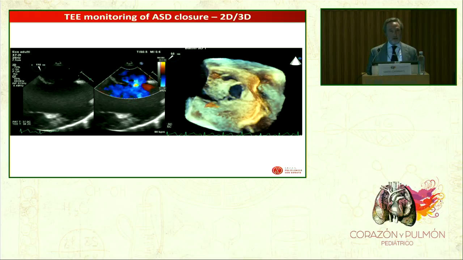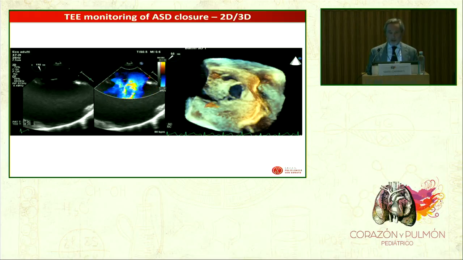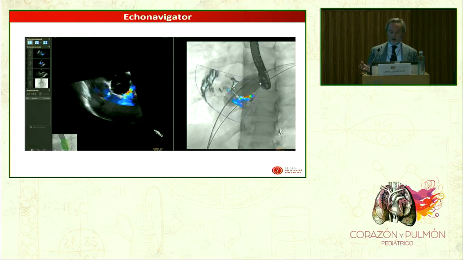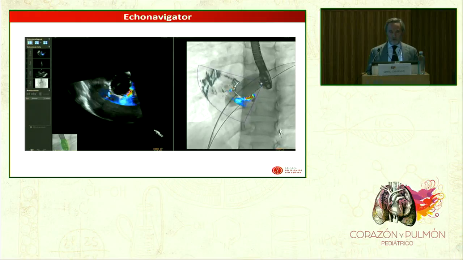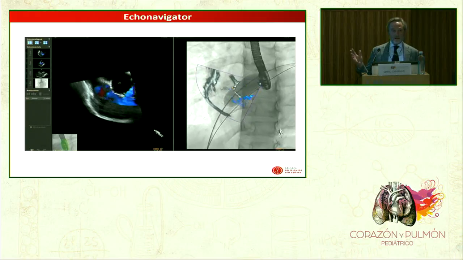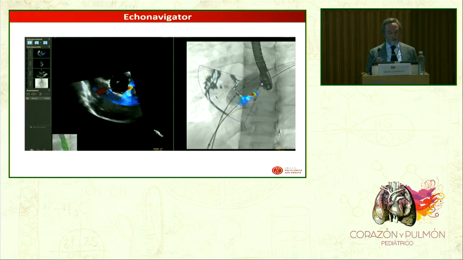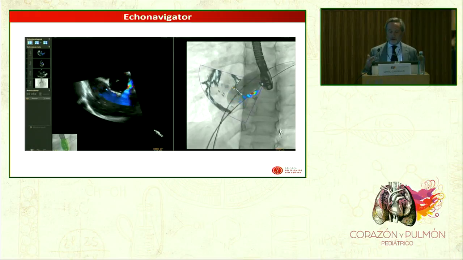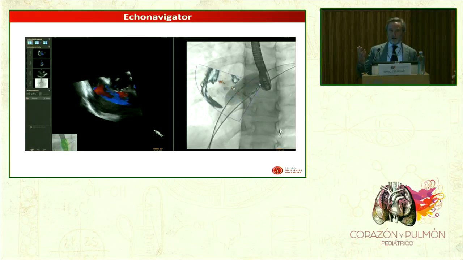And since 1 year, we are using another software during interventional procedures of ASD closure, which is Echo Navigator. With this software, we synchronize the TOE probe with the fluoro, so you can have the simultaneous overlay of the fluoro pictures and echo pictures.